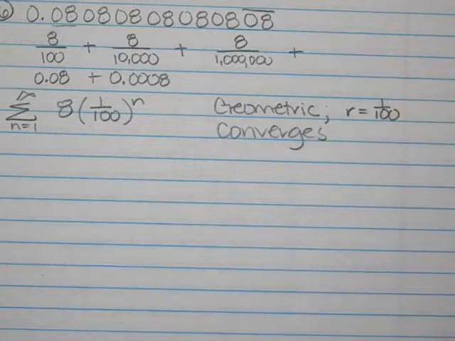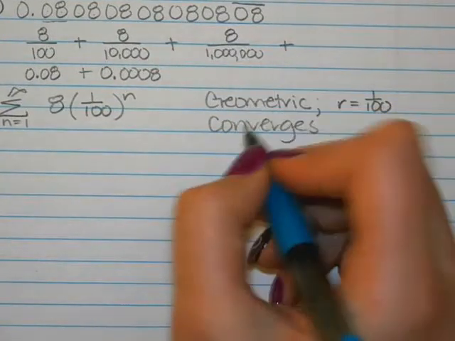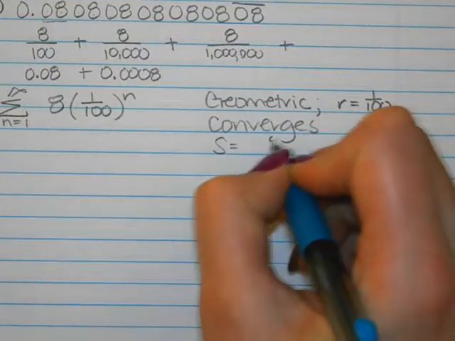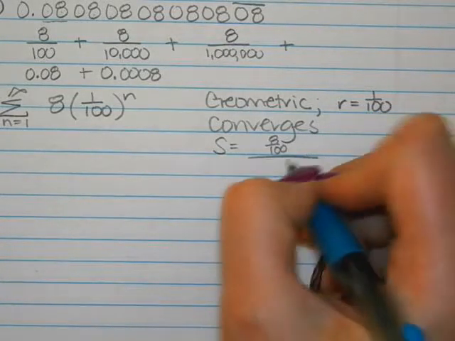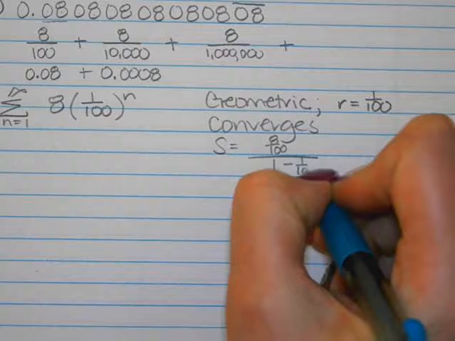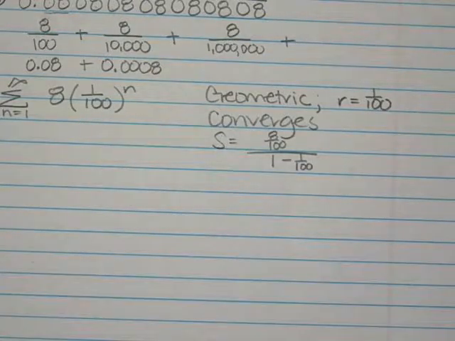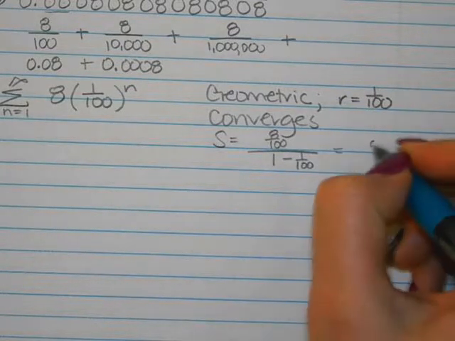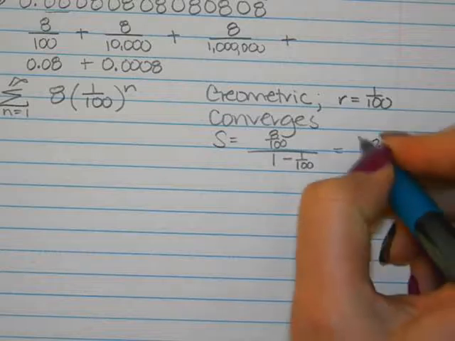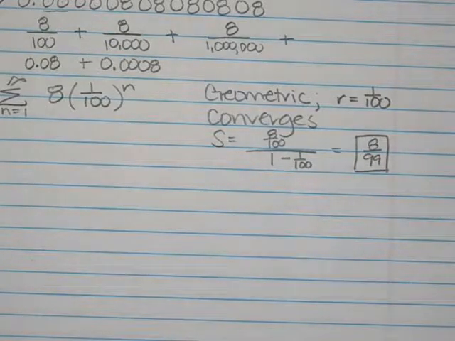And how do we find the sum that it converges to? 8 over 100 over 1 minus 1 100th. So you have 8 100ths divided by 99 100ths, which is 8 over 99, because the 100s cancel, right? Ta-da.